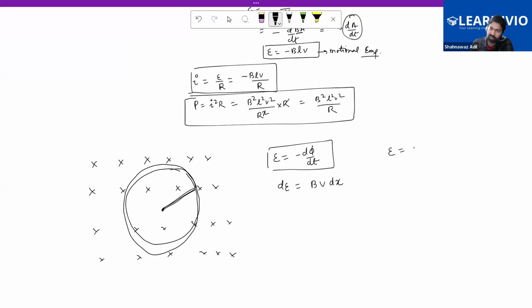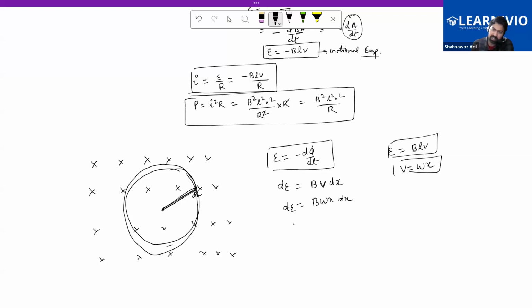Because we know that EMF is BLv, and this small distance is dx, and it is rotating with v velocity. This is circular motion, so this linear velocity would be omega x. So we can write this as B omega x dx.